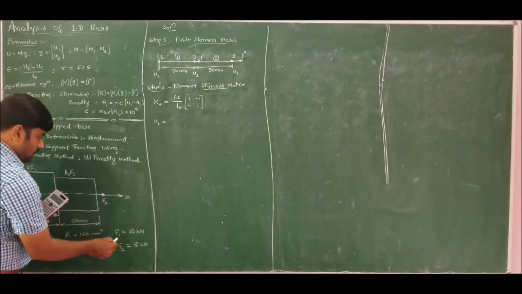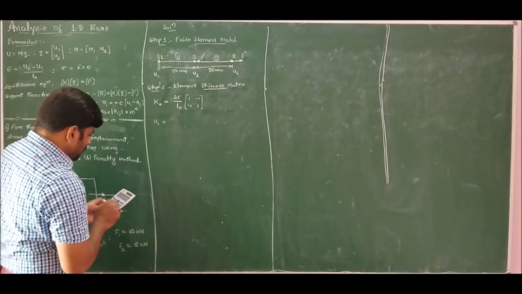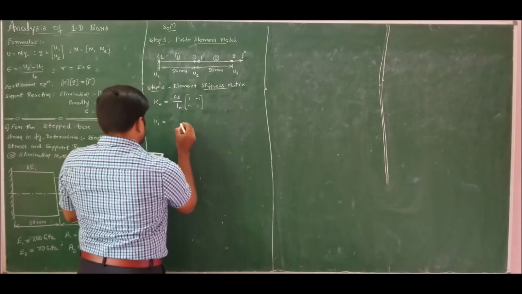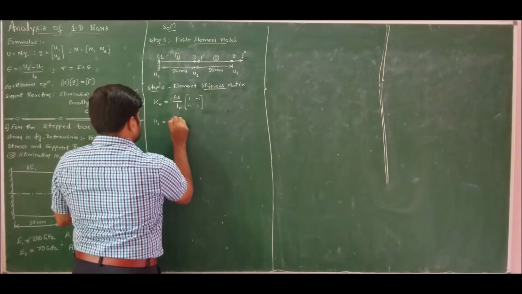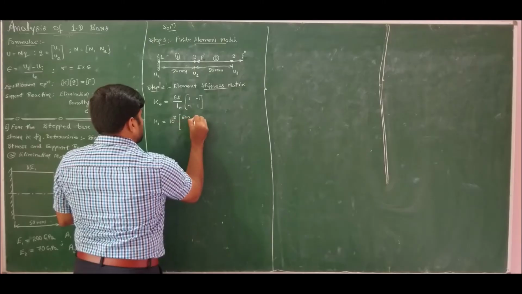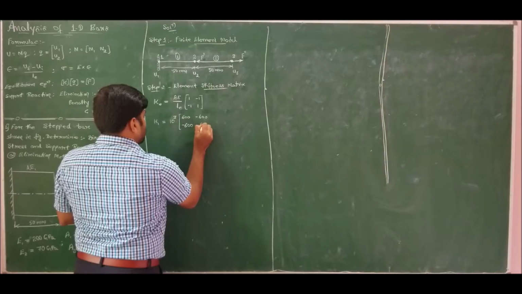Since the loads are in kilonewtons, I will write this in 10 to the power of 3. So I get 600 into 10 to the power of 3. So the matrix is 10 to the power of 3 times [600, -600; -600, 600].